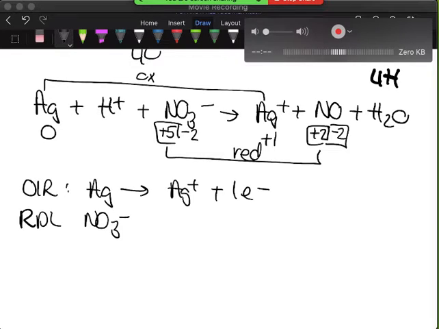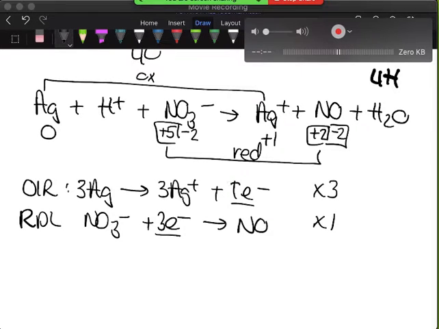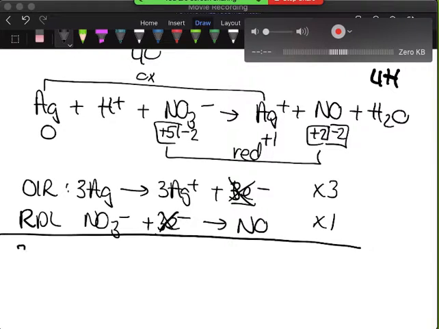NO3 to NO2 is plus 3 electrons is the difference. Going to NO, I need to have these guys match, so I multiply my top line by 3, my bottom line by 1. So 3, 3, 3, these can then cross out. I rewrite everything.